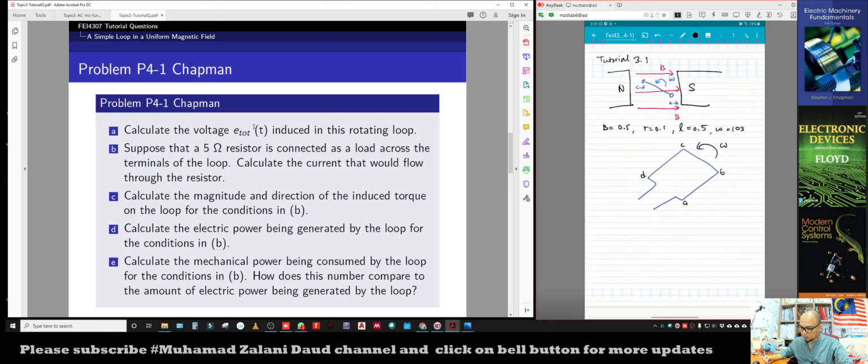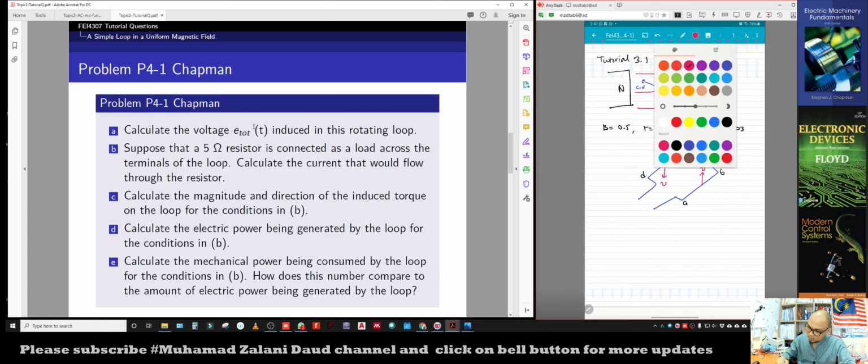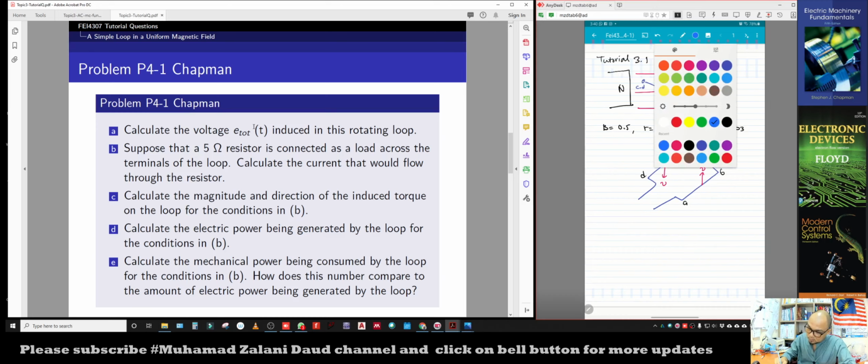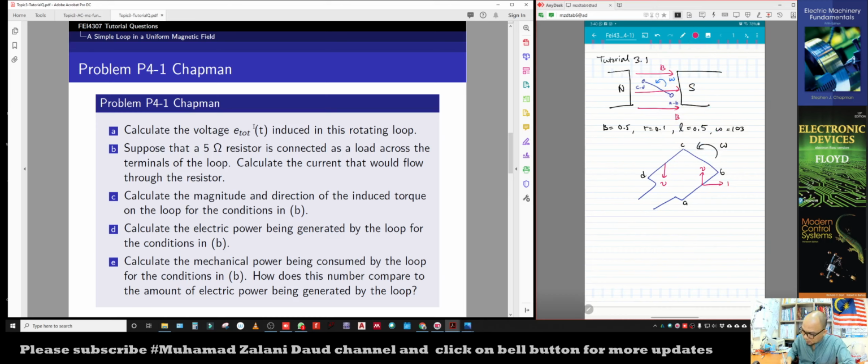We know the direction of rotation, meaning that we can represent it by v, which is the tangential speed of this wire loop. Similarly, we can draw B, let me use the red color again, B is in that direction.